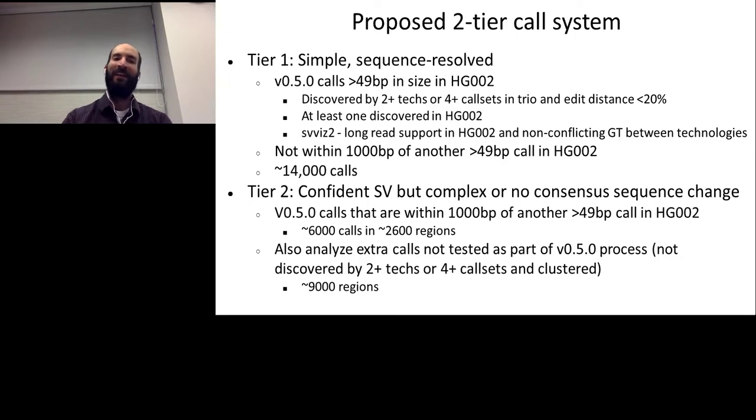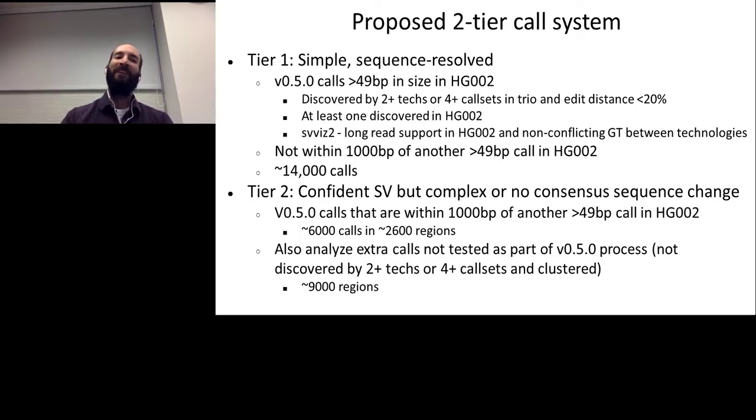It turns out that something like a third of the calls were within 1,000 base pairs of another putative call that looked like it was well supported. So this excluded a significant number, but now we're down to about 14,000 calls that we think are isolated, so that you can use them in a better way for benchmarking your call sets.